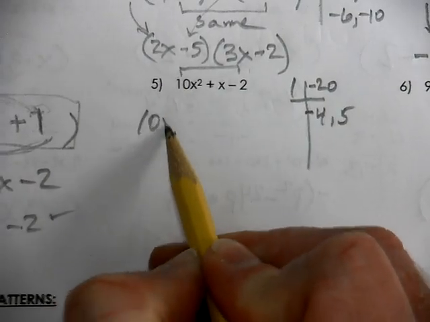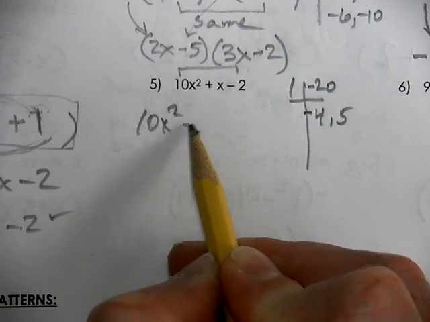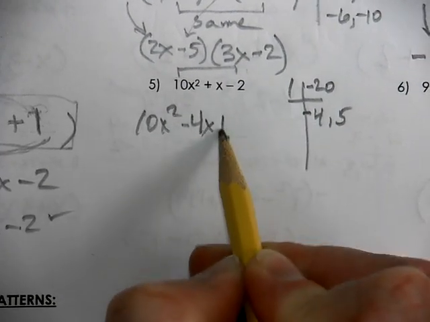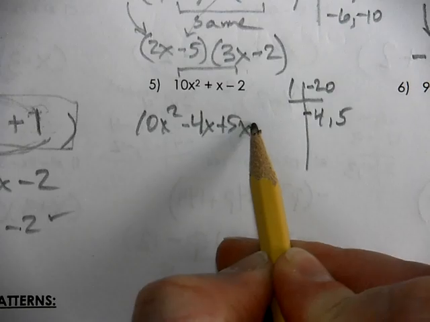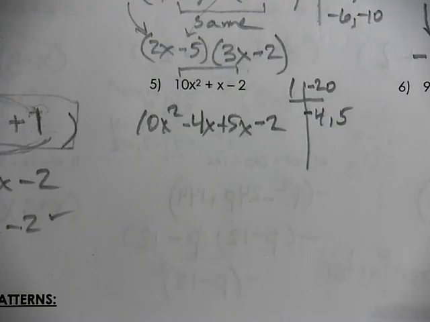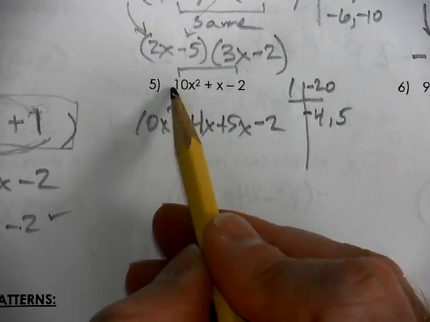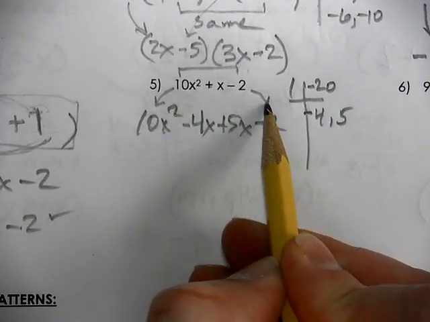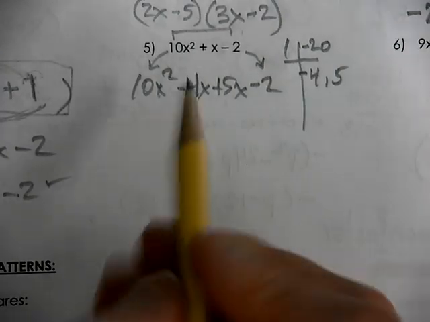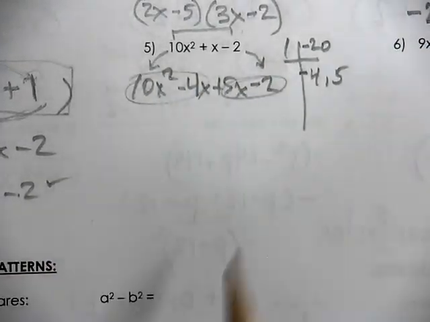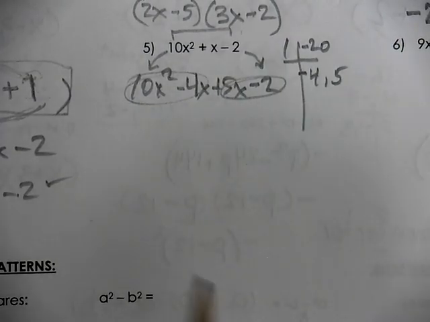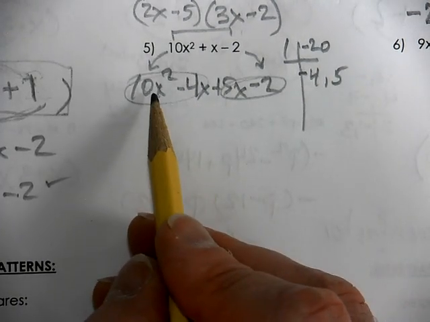So we're going to say 10x squared minus 4x plus 5x minus 2. So you put the negative 4 and the 5 in between the a and c term. You group up your two sets. Factor out what you can.